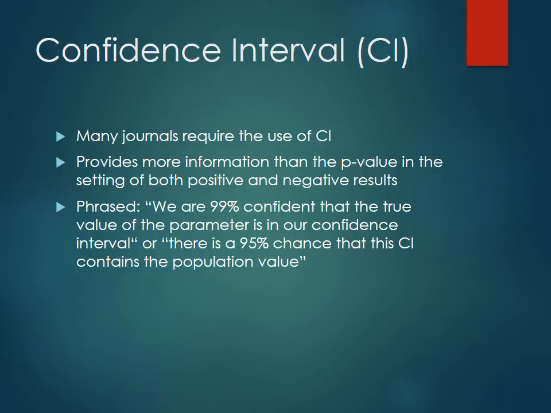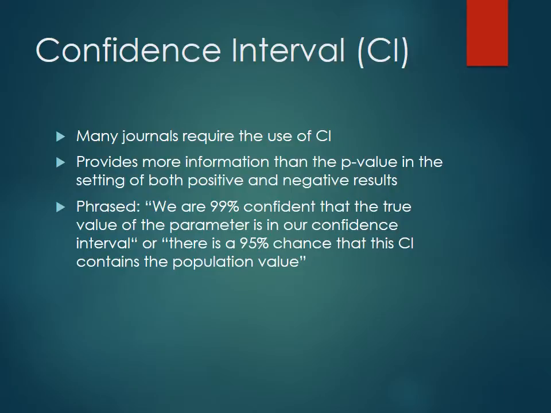Typically, you're going to see that they really provide more information than just the raw p-value and saying whether or not a result is positive or negative. Looking at a confidence interval, I can get an idea of just how wide the spread is. It gives me a better idea of potentially how clinically significant that result is going to be. And very frequently, you don't even need to look at a p-value. You can just look at the confidence interval and know whether something is significant or not.